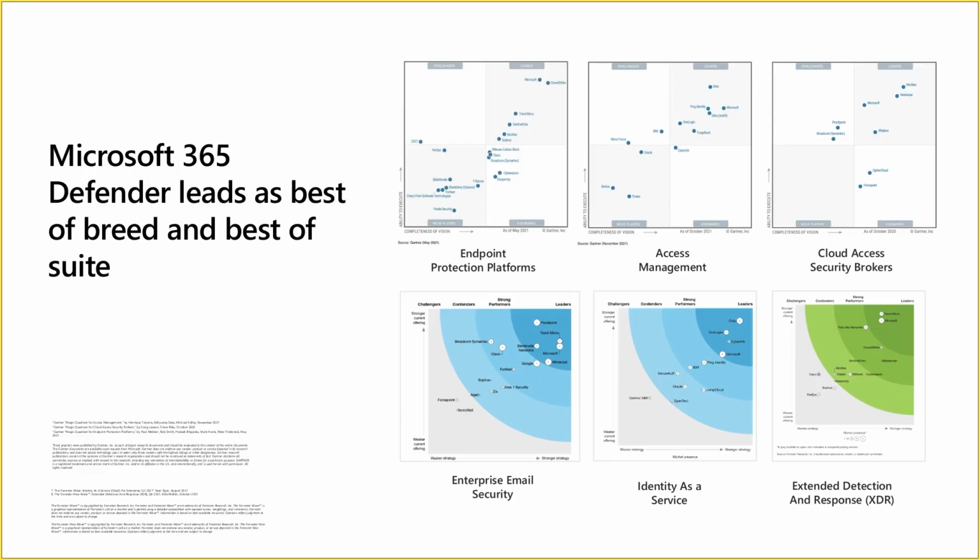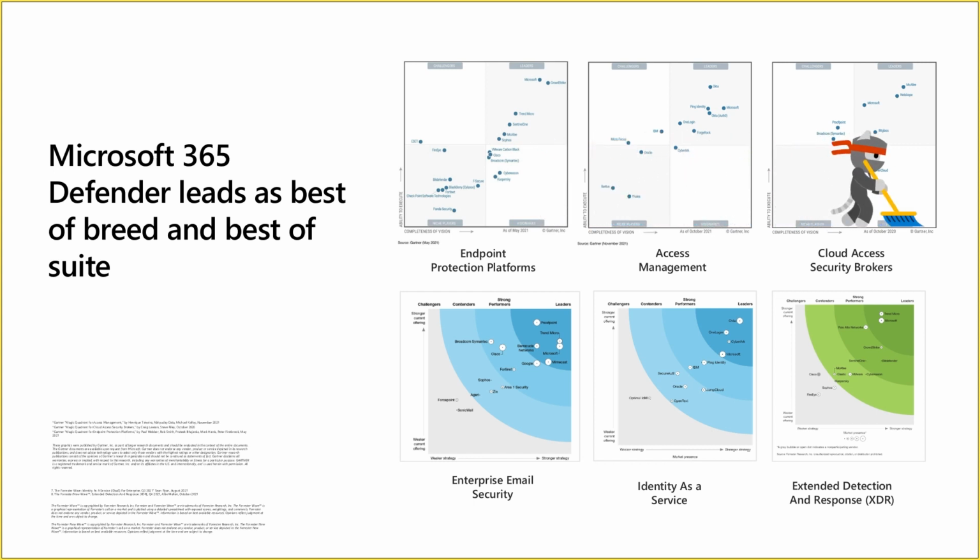Yeah, absolutely. So I think we briefly talked about how Microsoft 365 Defender really brings together best of breed and best of suite. And this is just an overview of some of the more recent evaluations, whether it's a Magic Quadrant or a Forrester Wave, which are obviously the industry standard of how we evaluate the different solutions on the market.